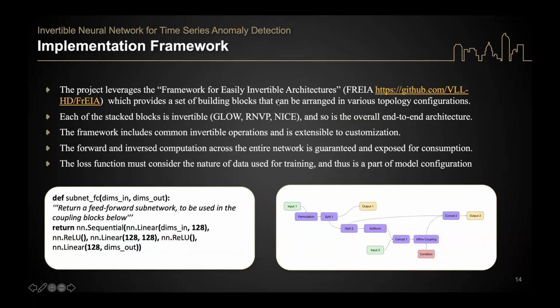It's an SDK, in short. We can construct the chain of these various transformations using those APIs, and these are higher-level blocks, such as GLOW or NICE.